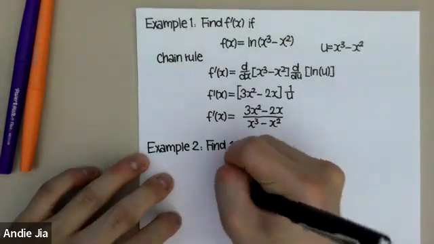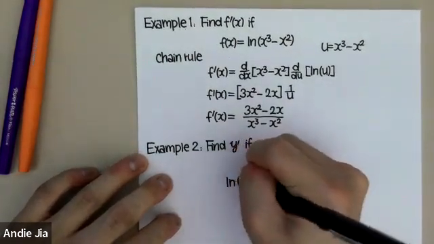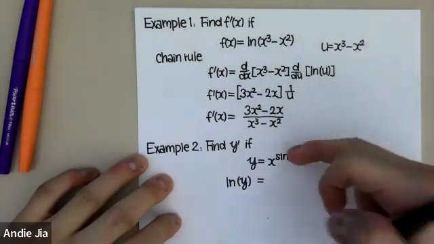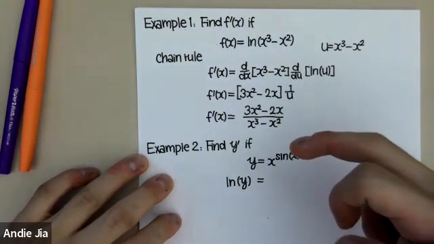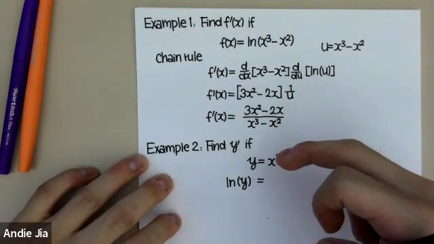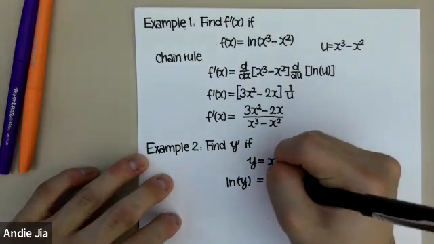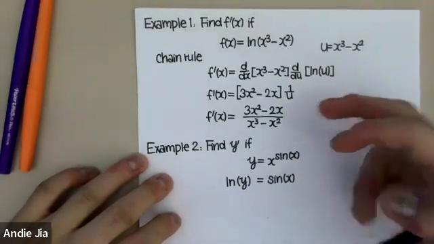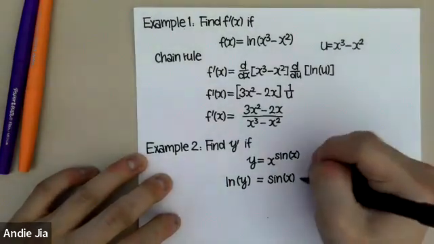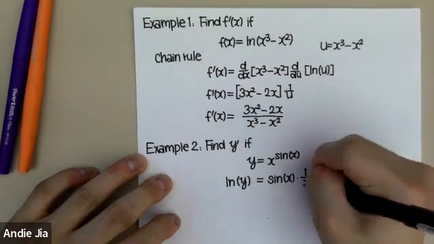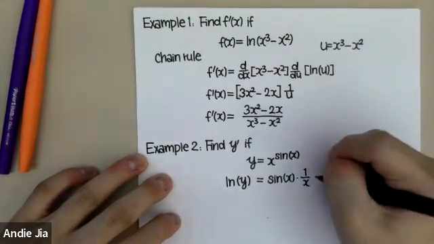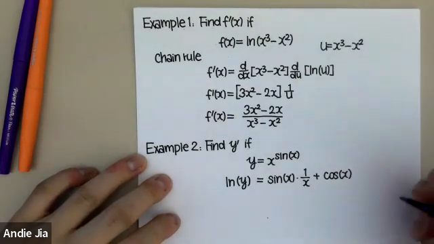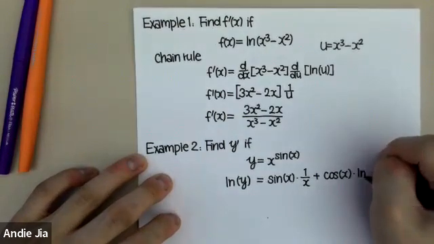We rewrite it as natural log of y equals g of x, the sine of x, times natural log of x. The f prime of x over f of x is 1 over x, and then plus cosine of x, which is g prime of x, times natural log of x.